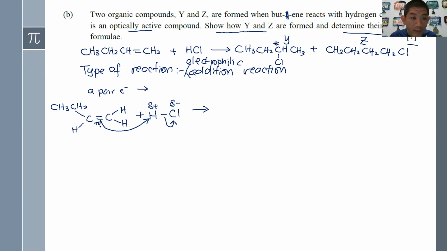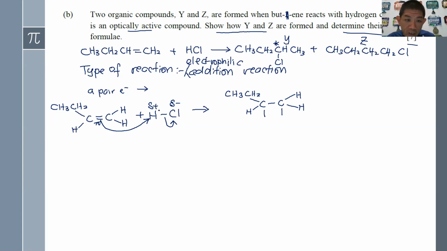Okay, so now when this C double bond C attacks the hydrogen, there shall be 2 possible structures in here. The 2 possible structures are CH3, CH2, CH. Now, if you draw the pi electron attacking the hydrogen, the pi electron is shared in between the 2 carbons, isn't it?